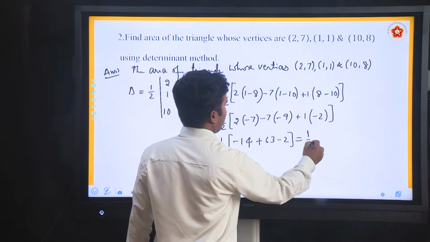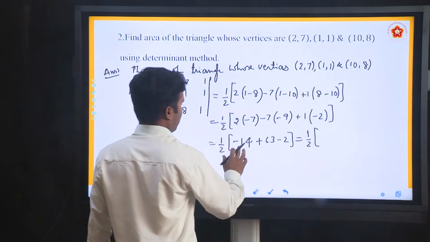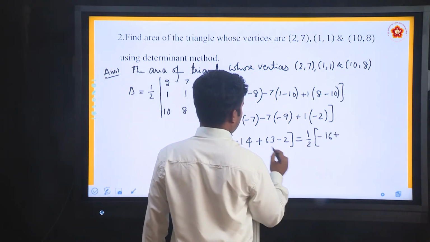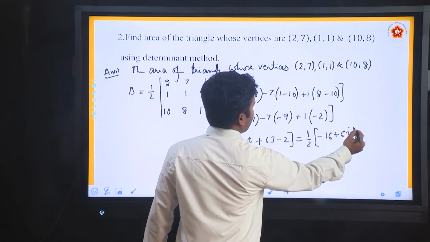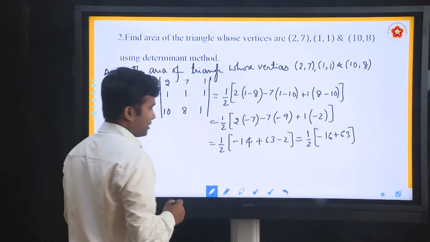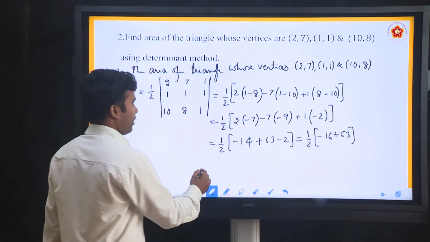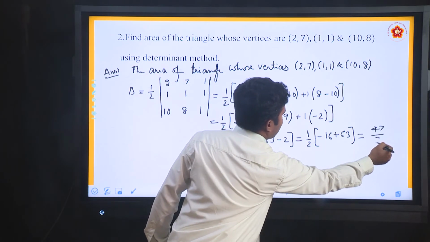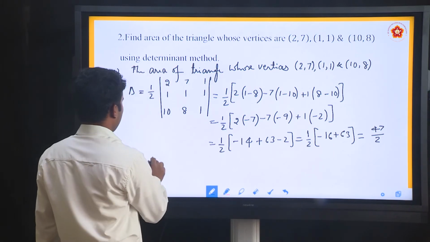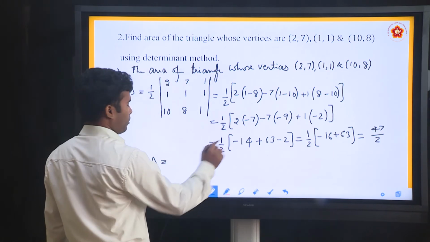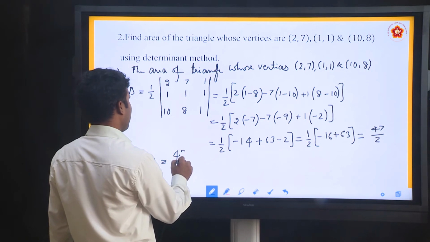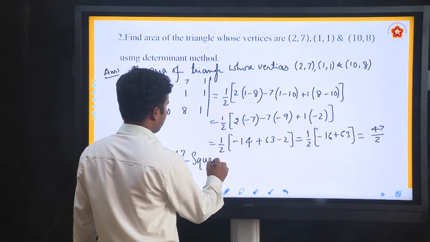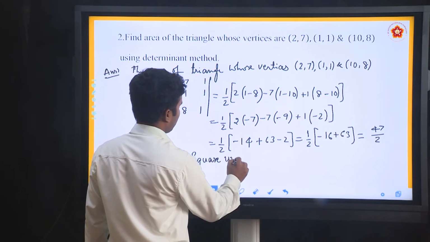So, which is equal to half into minus 14 minus 2 is minus 16 plus 63. Okay, what is plus 63 and minus 16? 47. Okay. So, 47 divided by 2. Therefore, on the LHS we have delta equal to 47 by 2 square units. Okay.